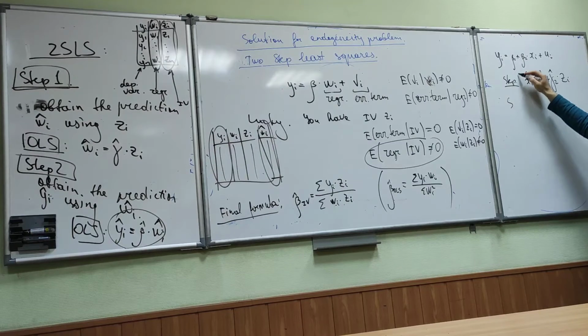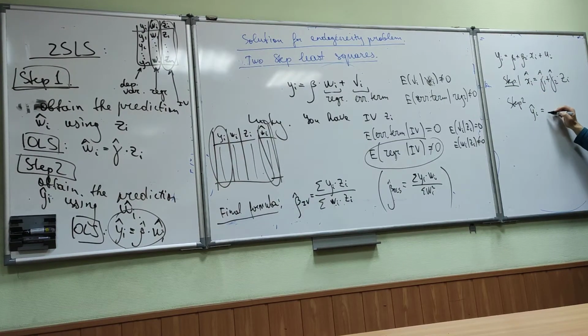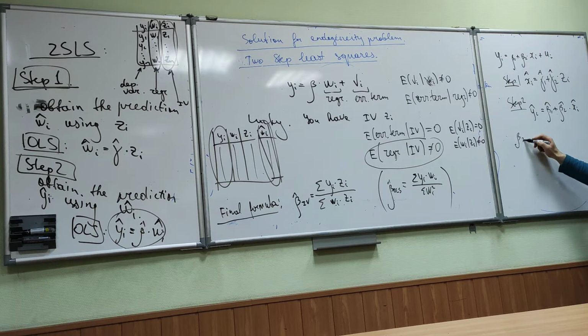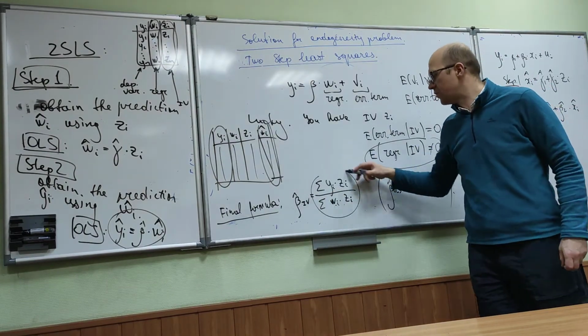On the second step, you regress y on beta 1 hat plus beta 2 hat times this prediction from step 1. Okay. And in this case, beta 2 hat IV will basically be a copy of this formula.